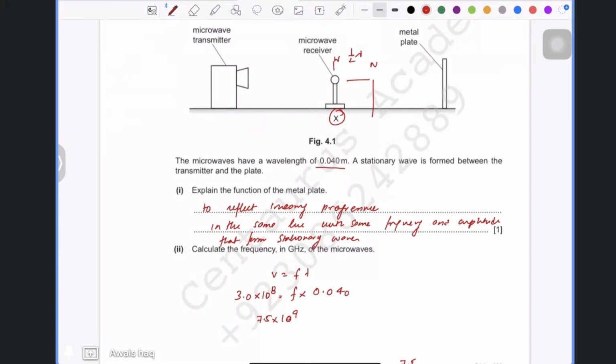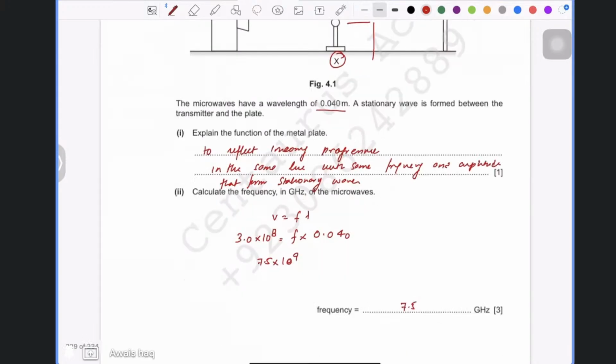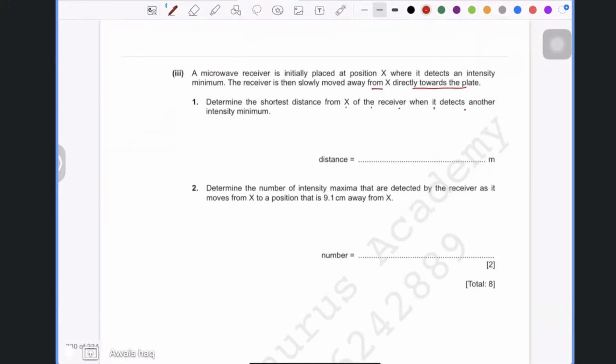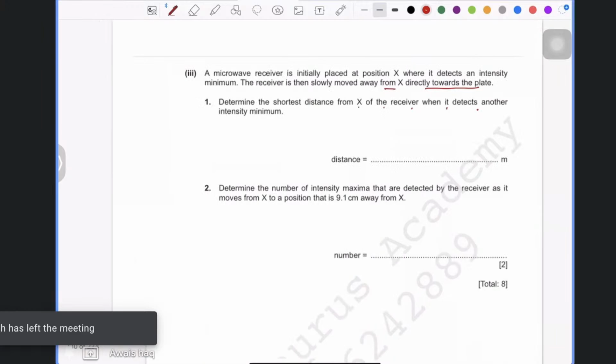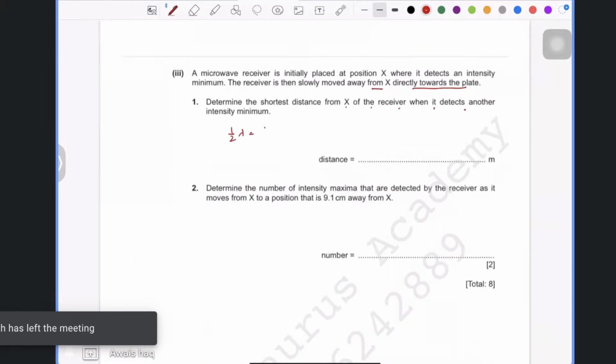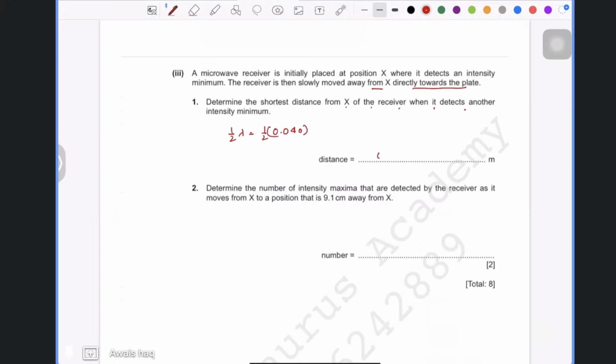What is this? Okay. So it says that now you need to determine the distance, because node to node is half lambda and the lambda was this. So we're going to say half of lambda, which is half of 0.040, will be 0.020, as simple as that.